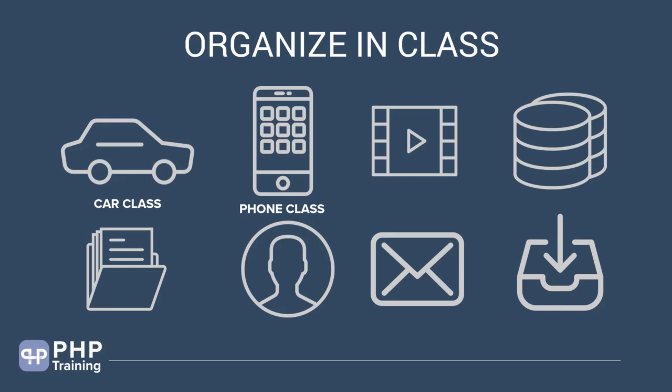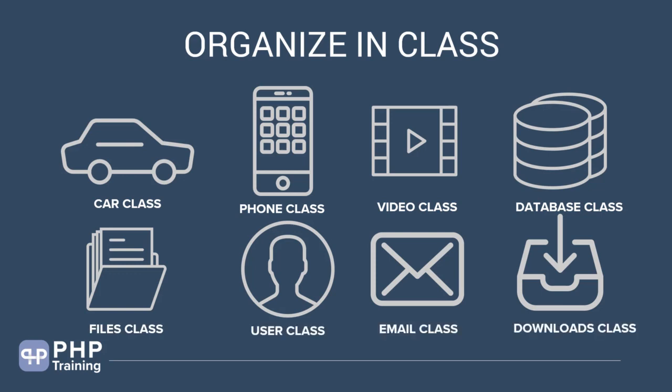Then phone object can be defined as a phone class, and then video class, database class, files class, user class, email class, and downloads class. So you'll start creating these classes, and each class basically holds variables and functions that are operating on that specific object. If you define a car, it will have its own variables and functions.